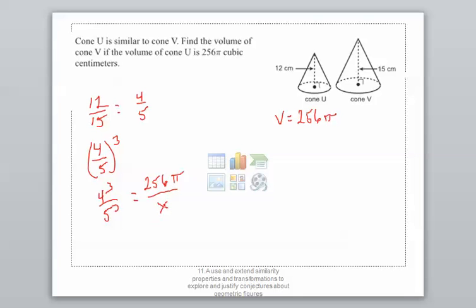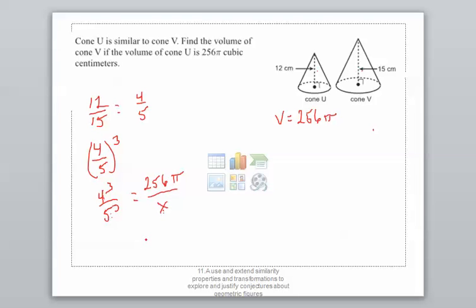And this x will turn out being the volume of the bigger cone. Now, how did I know to put 256 over x? Notice how I've got 4 over 5. I've got the smaller one and the bigger one. I'm trying to find the bigger one. The x went on the big one.